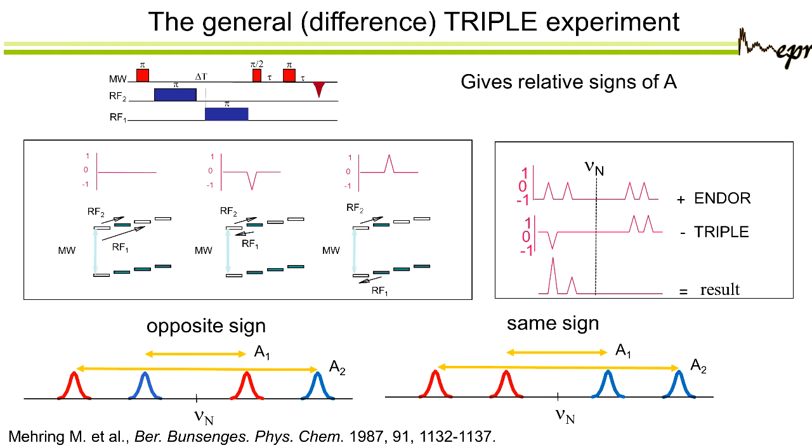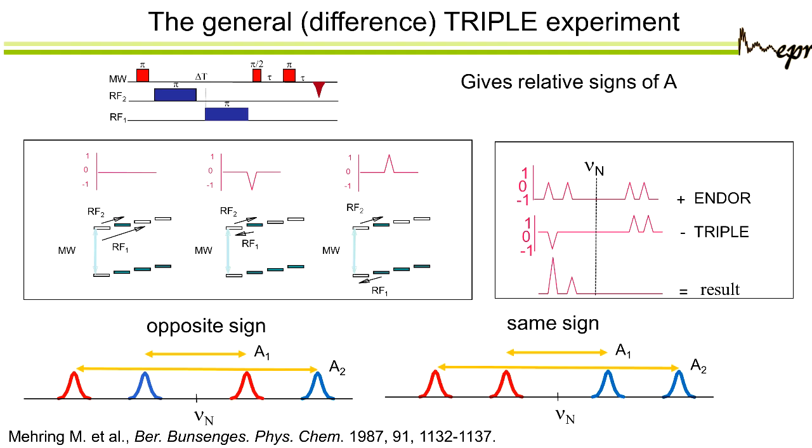If we go back and RF1 is equal to RF2, then we get back again a negative echo. However, if the RF1 corresponds to a line in the other manifold, then I will get a strong echo, right?